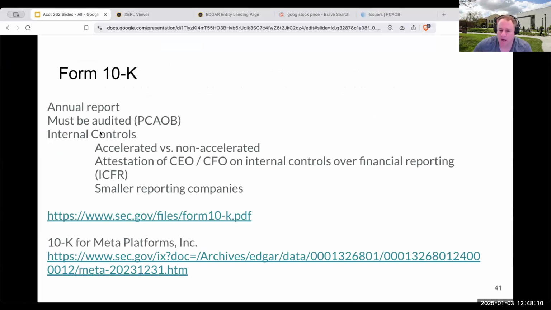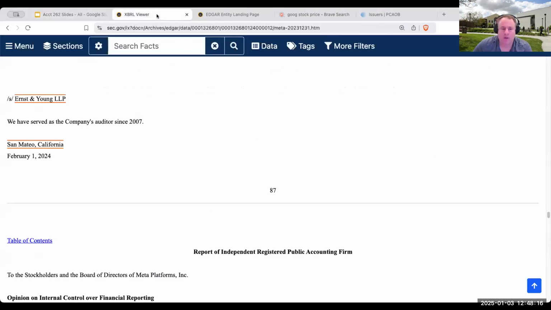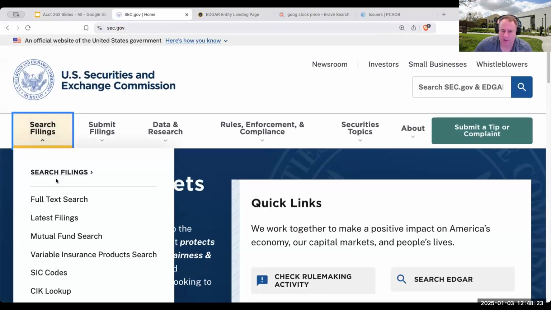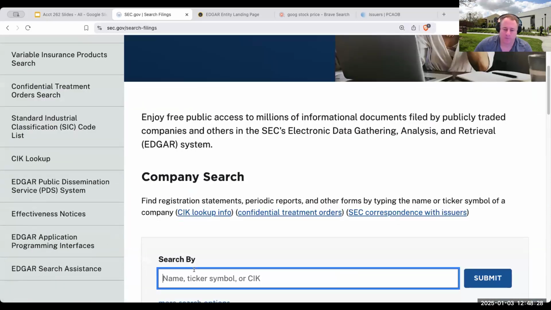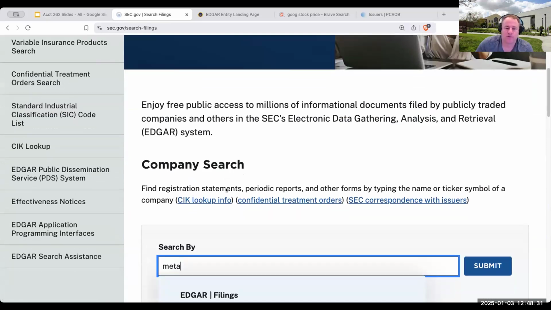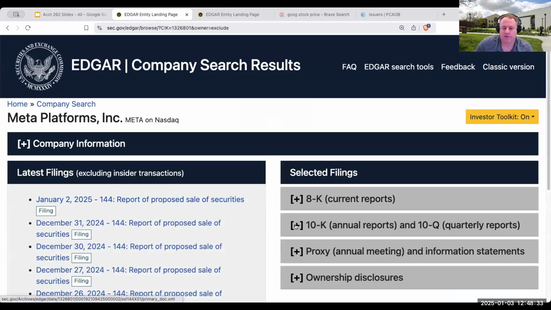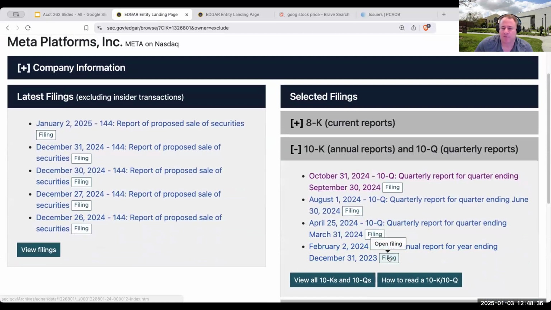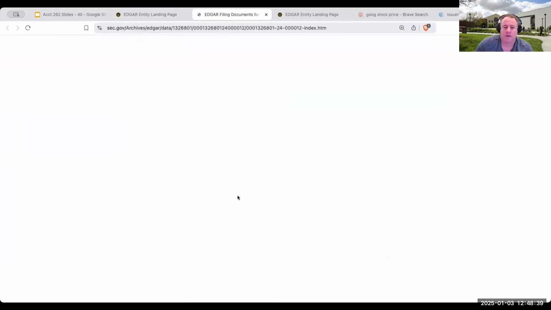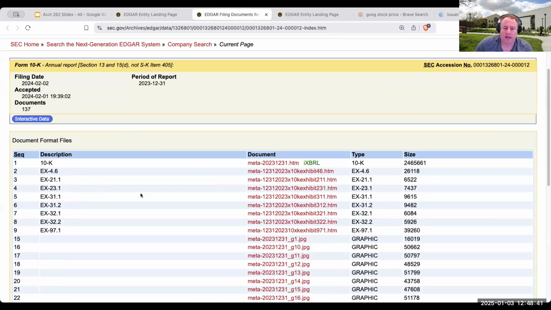So as I mentioned in the prior video, you have different items about internal controls. Now, whether or not a particular company has to be compliant with internal controls, what you're going to see is on a Form 10K. If I go over here and look at the filing, what you're going to notice is on the Meta Platforms filing that we were just looking at.